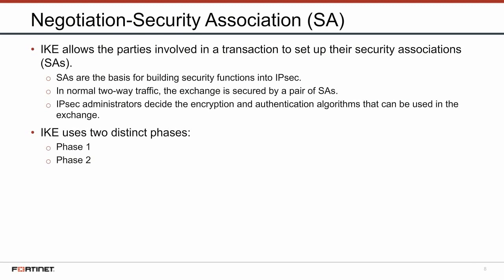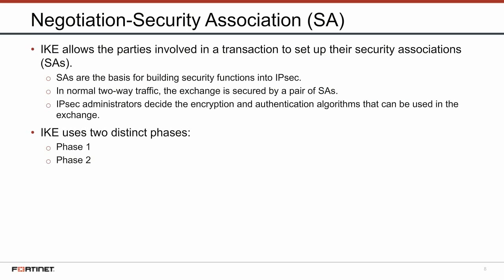In order to create an IPsec tunnel, both devices must establish their security associations, SAs, and secret keys, which are facilitated by the Internet Key Exchange (IKE) protocol. The IPsec architecture uses SAs as the basis for building security functions into IPsec. An SA is simply the bundle of algorithms and parameters being used to encrypt and authenticate data traveling through the tunnel.